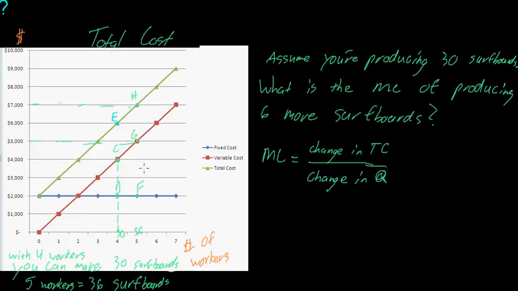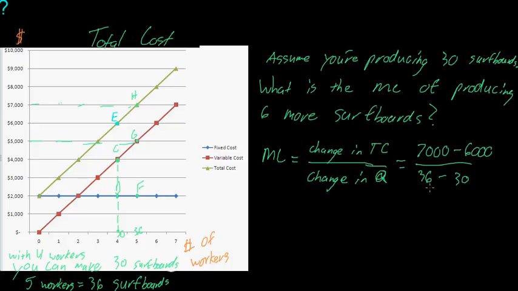I'm going to start in the numerator, at the top, and we know that the change in total cost is just the difference between H and E. So that will be 7,000 minus 6,000. Then the change in quantity, and that's why I had to give you these two quantities here, otherwise you couldn't calculate the change in quantity, is just going to be 36 minus 30.